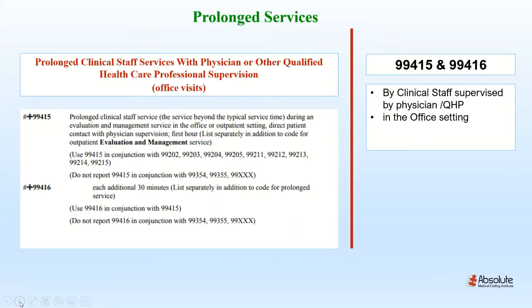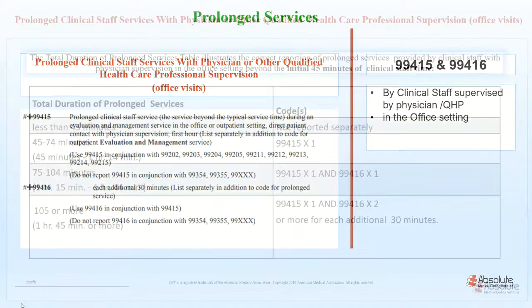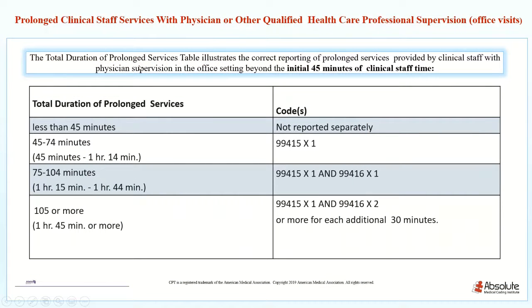These are used by clinical staff that is supervised by a physician or qualified healthcare professional, and these are used in the office setting. So you do use them with those office visit codes, okay? And here is your table for your prolonged clinical staff services. If it is less than 45 minutes, it's just important to note that is not reported separately.